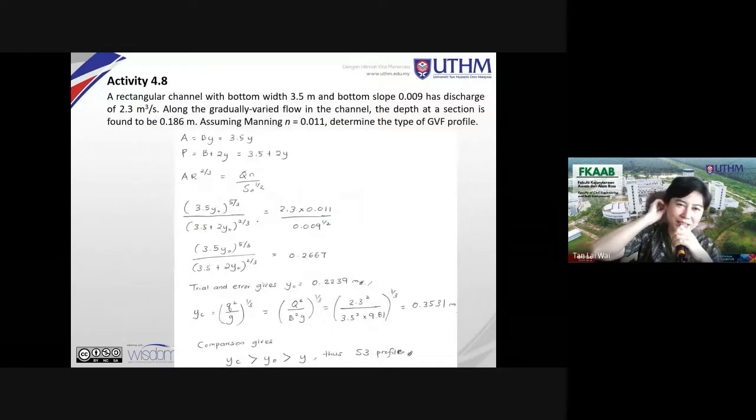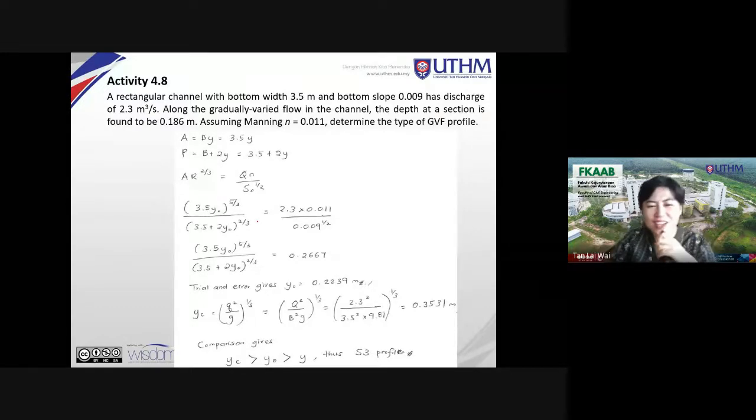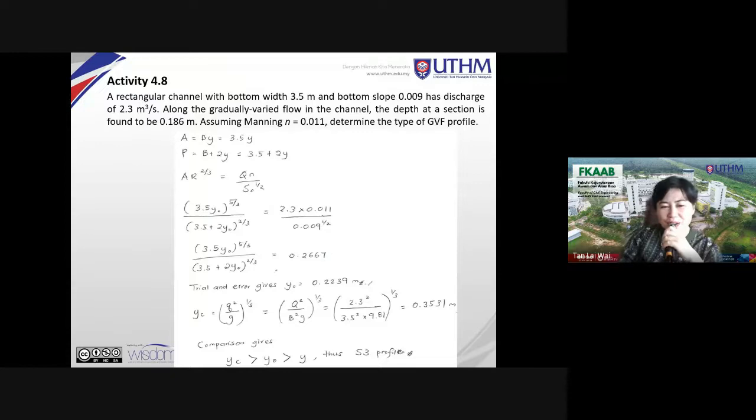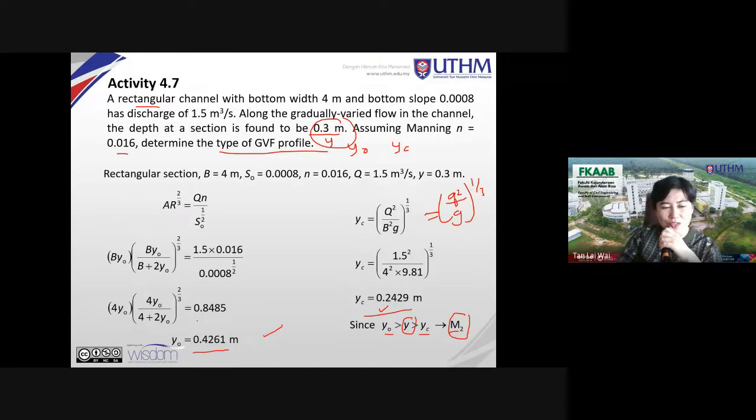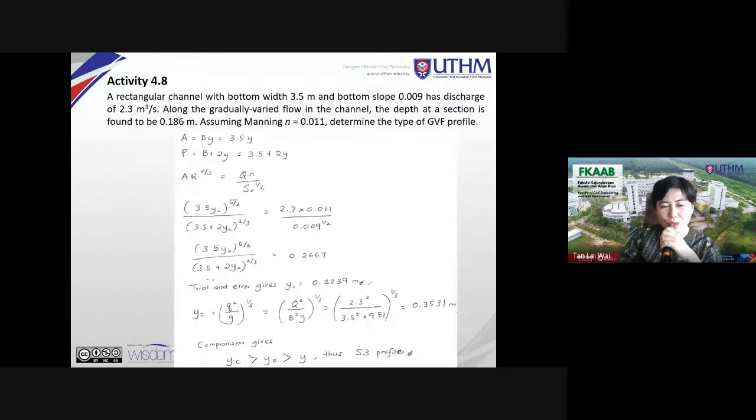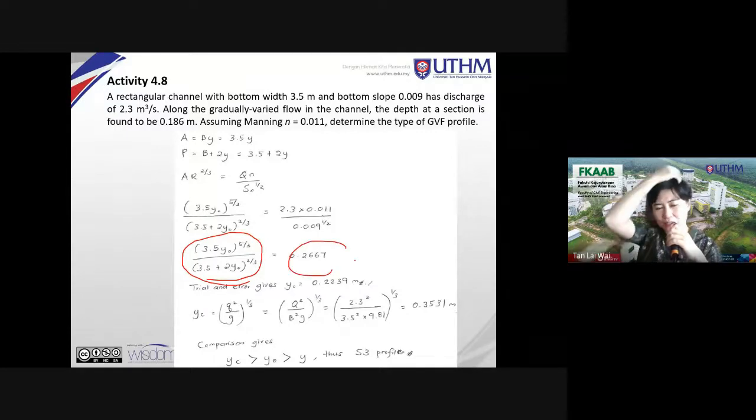Activity 4.8 is similar to the earlier one, except that of course you want to solve for Y naught. We have learned this in chapter 2. You need to solve for section factor to find Y naught, so you have to key in your calculator.